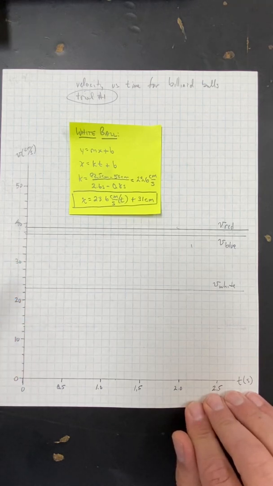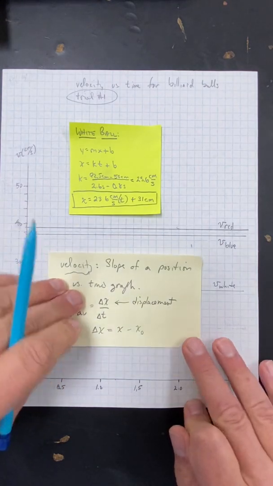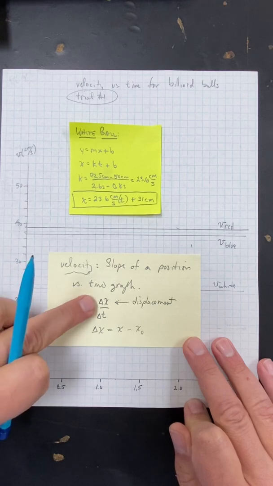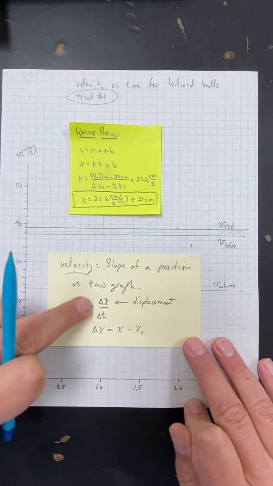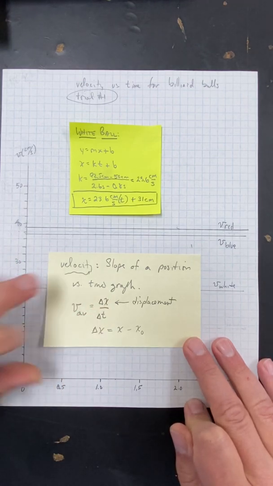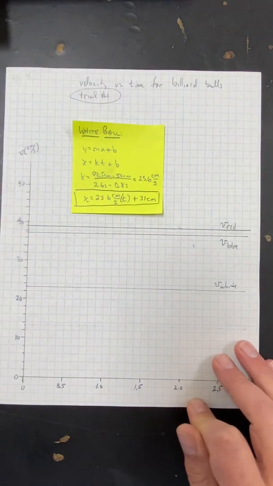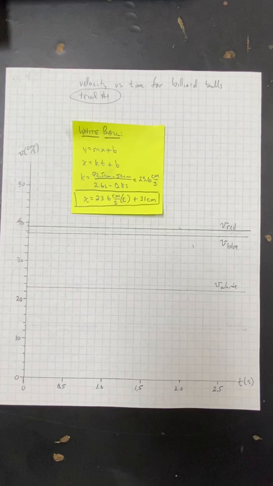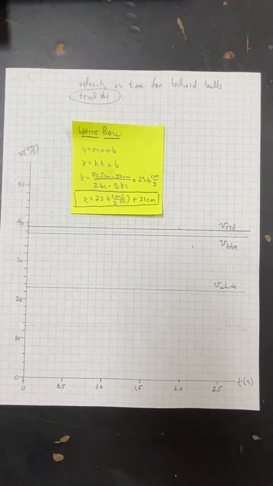Another thing I want you to realize about these velocity graphs, if you look back at the meaning of velocity, velocity is displacement over time. Well, I could rearrange this and I could actually solve it for displacement if I wanted to. So let's take that same equation.